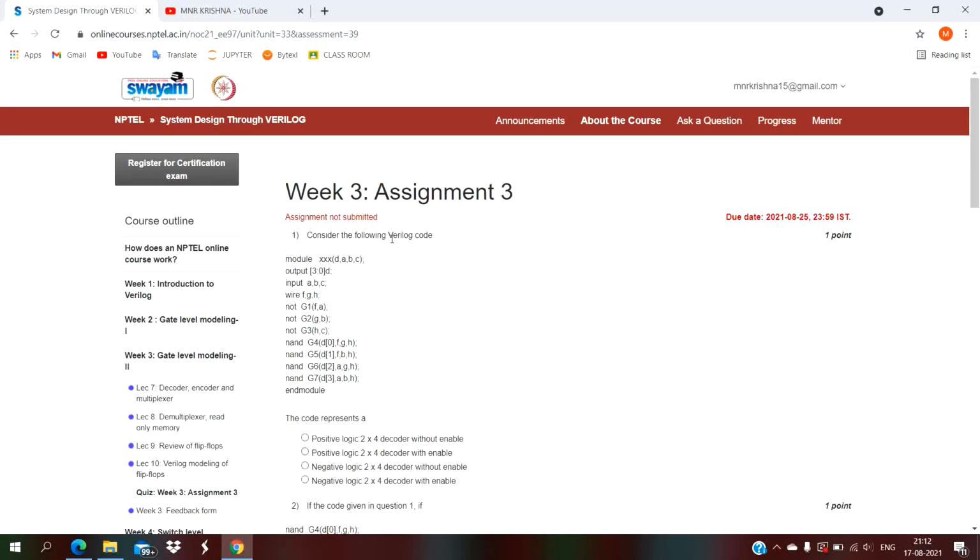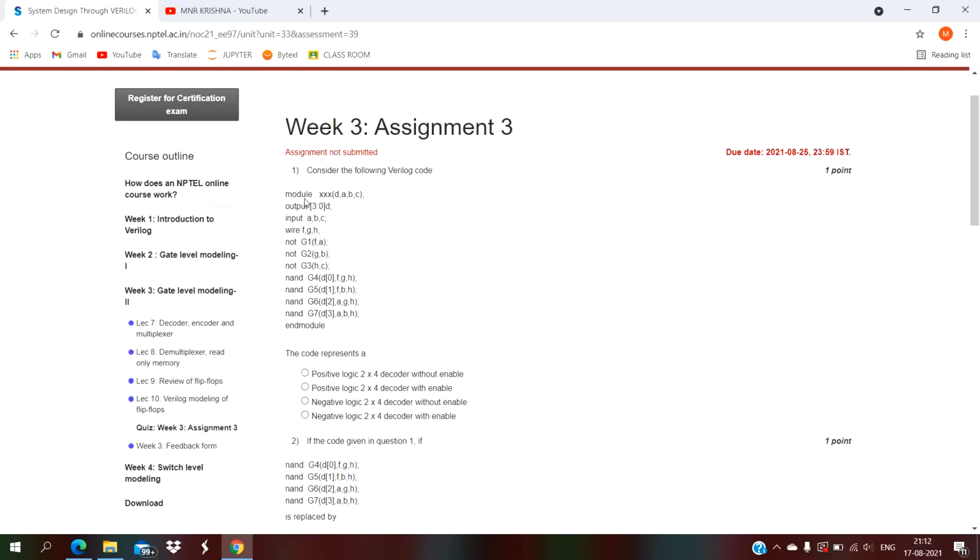Next, first question: consider the following Verilog code. The code is given, a module named XXX. Here the inputs are A, B, C, and the outputs are D0, D1, D2, D3.